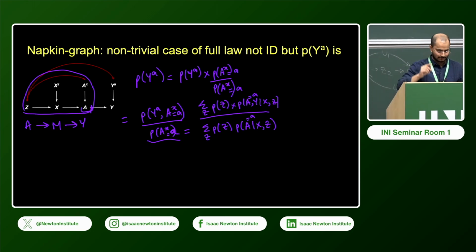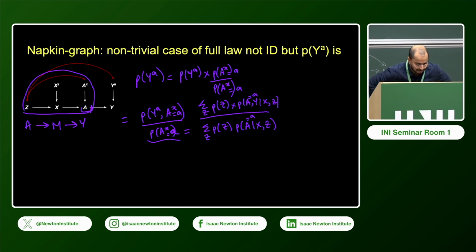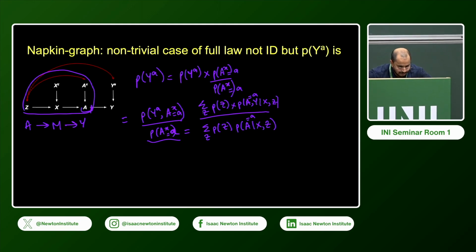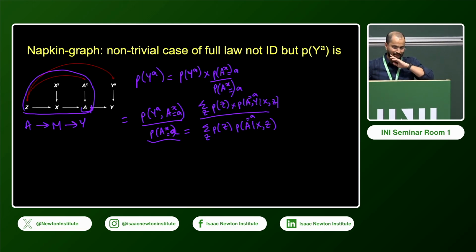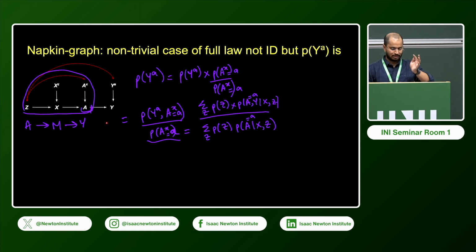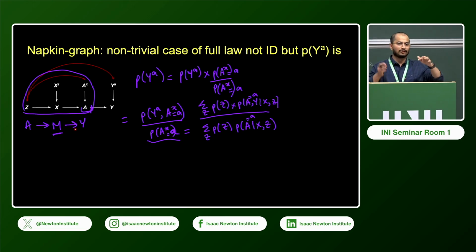Yeah, but let me go back to Caleb's question. It's a good question. Let me stare at this for a sec. Okay, so P of AX equals A. I intervene, and I'm marginalizing. Oh yeah, I'm sorry. So this is the effect of M on Y, which is just backdoor in the front door graph.